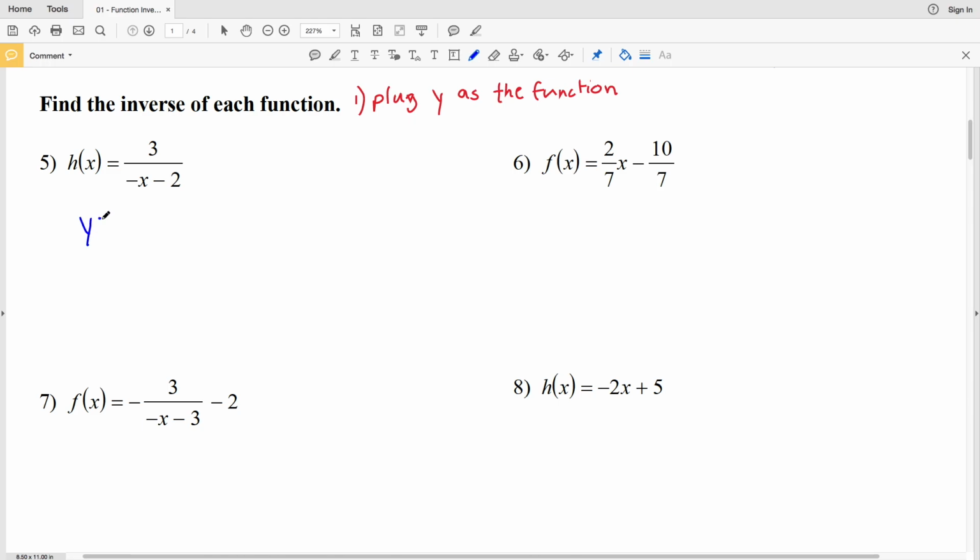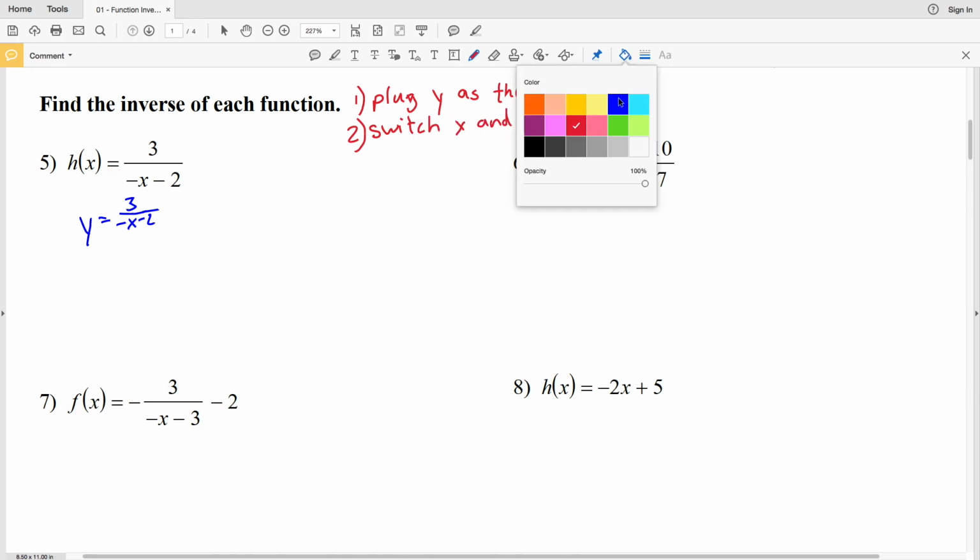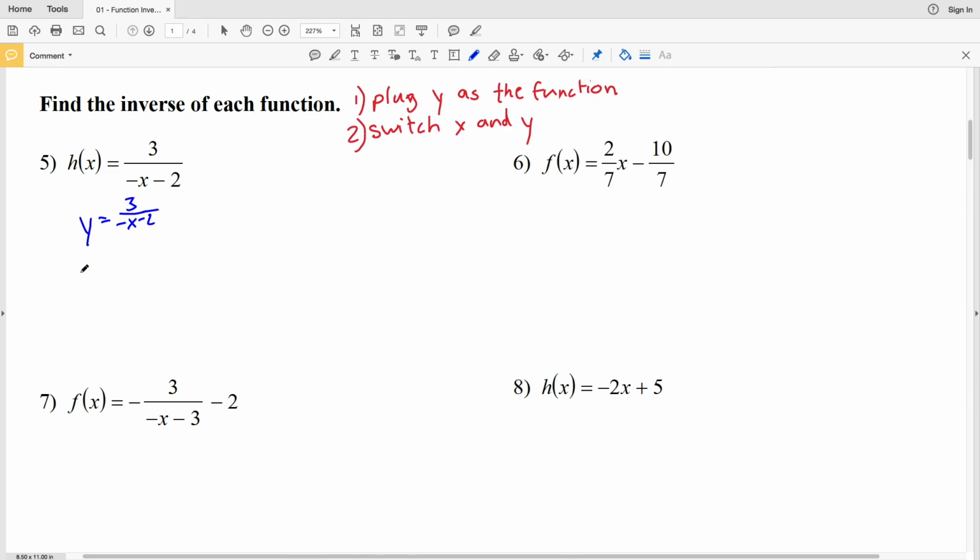So we'll have y equal to 3 over negative x minus 2. Our next step, we're going to switch x and y. So y becomes x and x becomes y. So now, switching x and y, we'll have x equal to 3 over negative y minus 2.